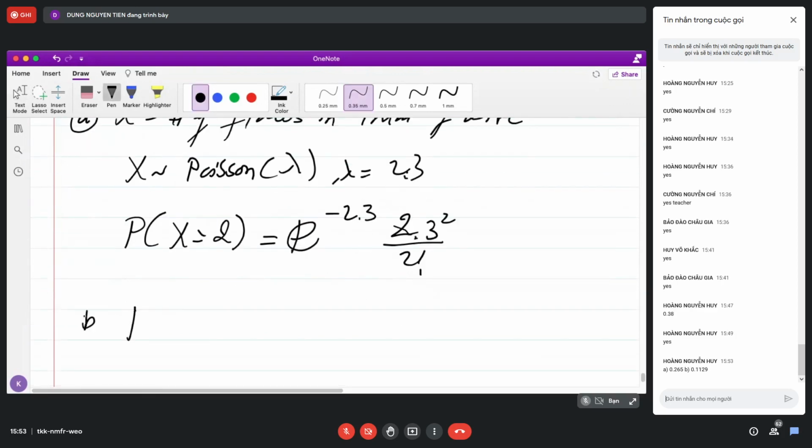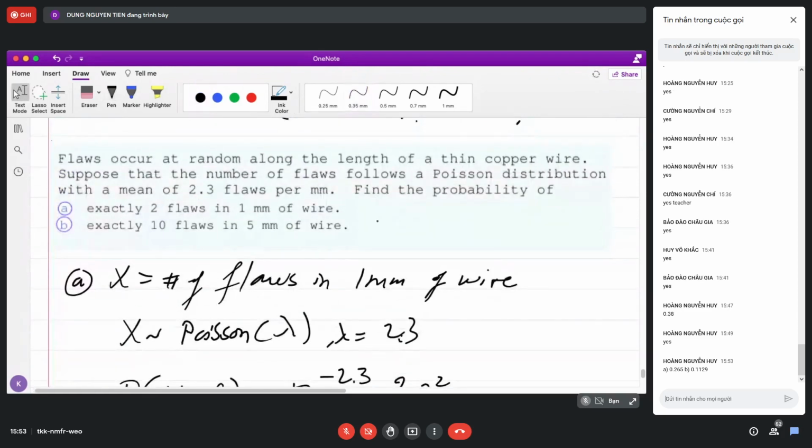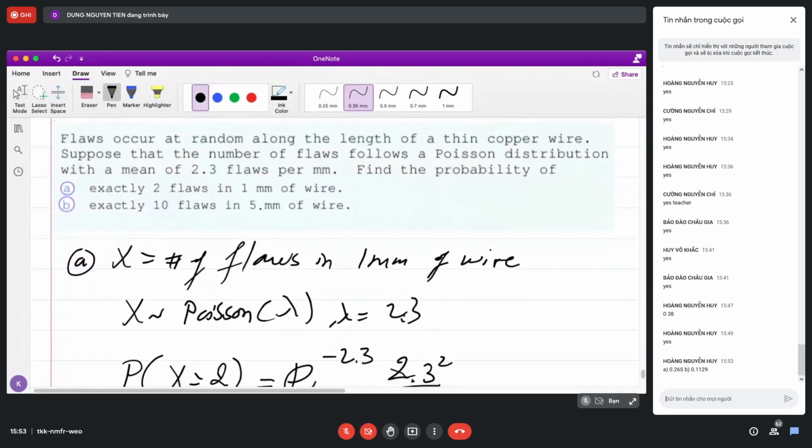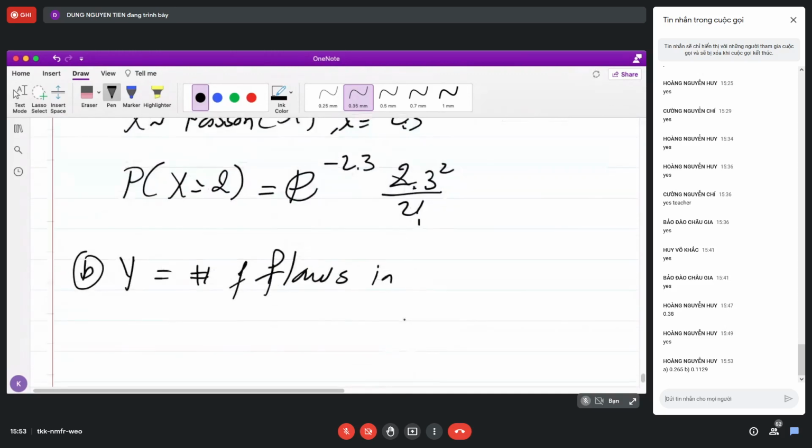How about question B? For question B, you want to find the probability of exactly 10 flaws in 5 millimeter of wire. Suppose that Y is the number of flaws in 5 millimeter of wire.